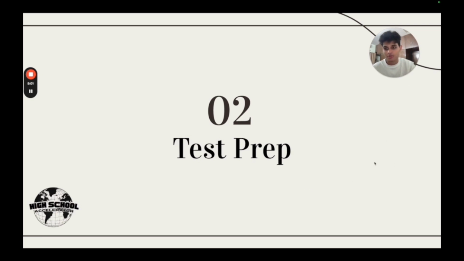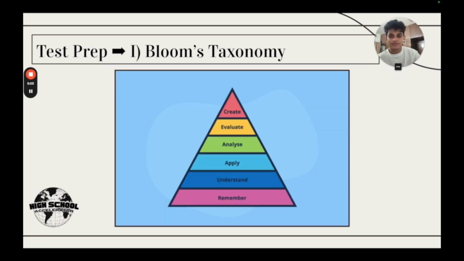Okay, firstly, to do test prep, you need Bloom's taxonomy. If you have ever watched any YouTube video from a learning coach or by me, you probably have heard of Bloom's taxonomy. But quite literally, if you don't know this, you're wasting a lot of time. Bloom's taxonomy is basically a way to understand the orders of learning and thinking.